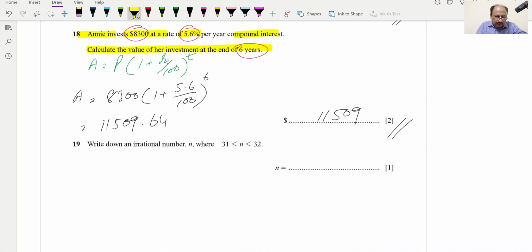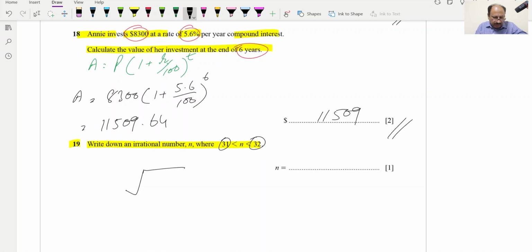Next, question 19: write down an irrational number n where n should be in between 31 and 32. So we can write something like the square root of a number which is in between 31 and 32.